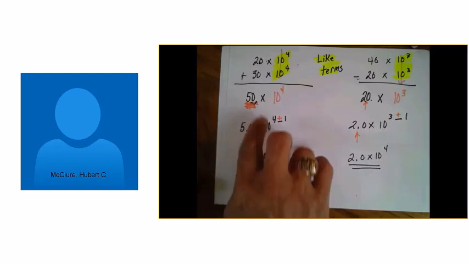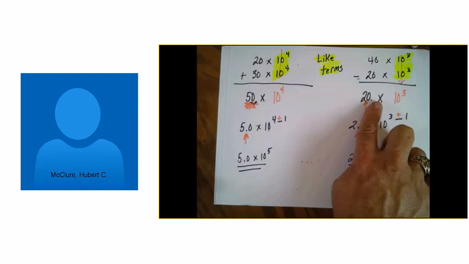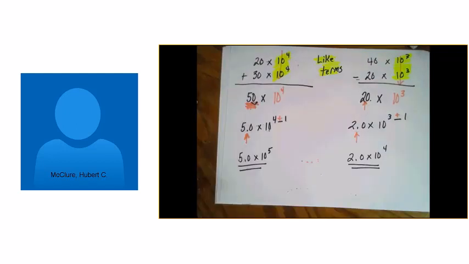And like I said, a lot of people can do this, but they write that down as the answer, and it's not the answer because it has to be in scientific notation. Question on that one?